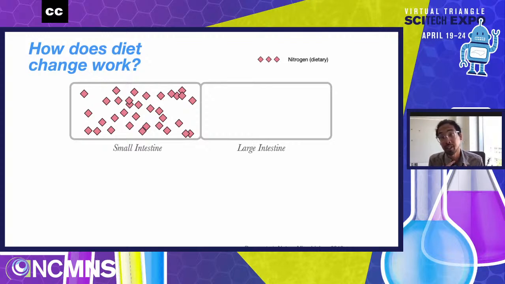So about 90% of, say, the protein that you eat gets directly absorbed in the small intestine. And that protein is a source of things like nitrogen, which is really important for bacteria to grow. It's almost like a fertilizer for them. So most of that actually gets taken up by us. We're the host for these bacteria.